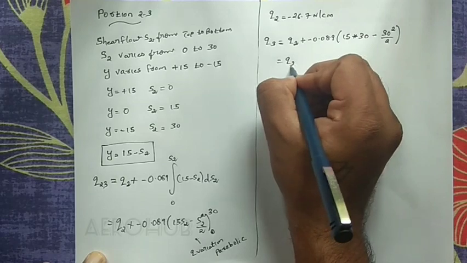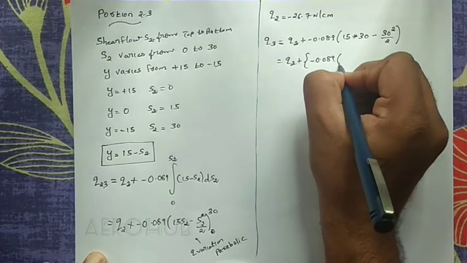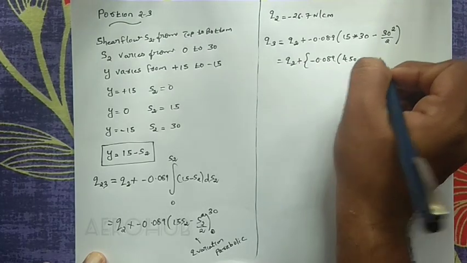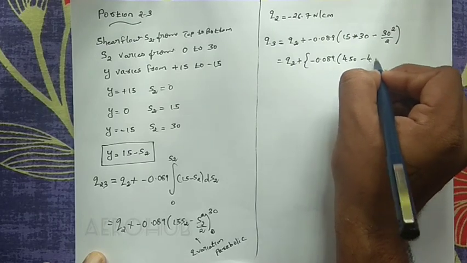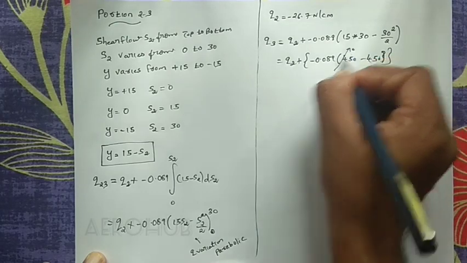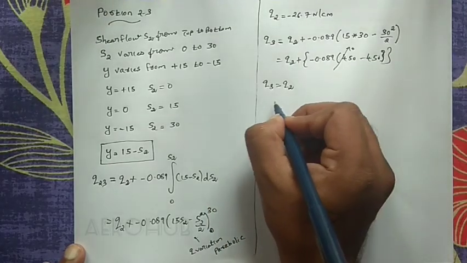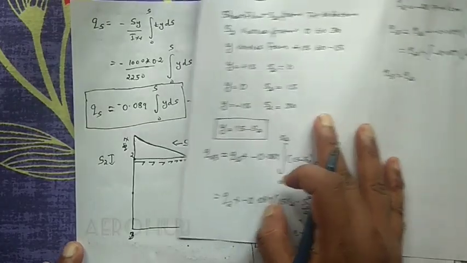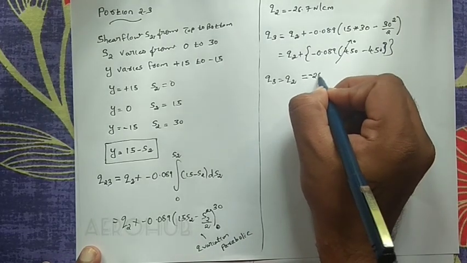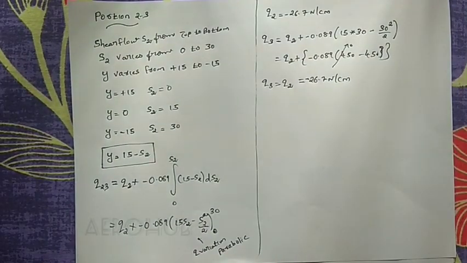So I will be getting Q2 plus minus 0.089 times 15 into 30, which is 450, and 30 square by 2, 30 square is 900 by 2 is 450. So practically this will become 0. So Q3 will be equal to Q2, that is minus 26.7 Newton per centimeter. Okay, this is the value of Q3.